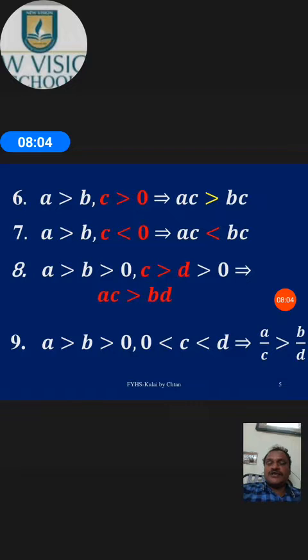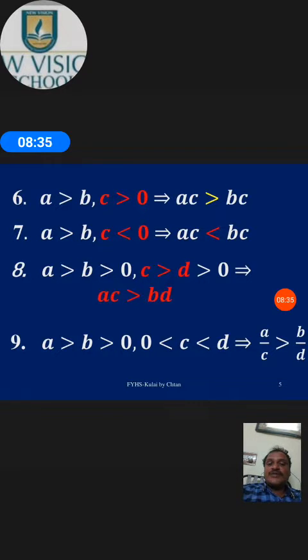Now the ninth property of this inequality is a is greater than b and greater than 0. That means both are positive and a is greater than b. 0 less than c less than d, right? That means 0 less than c means c is greater than 0, 0 less than d means d is greater than 0, and c less than d.